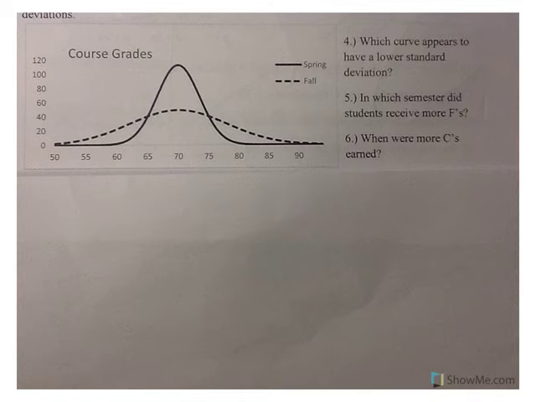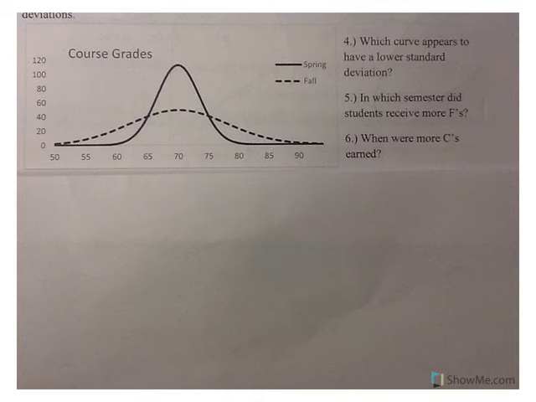All right, let's look at these two problems. Well, I guess not, there's three of them technically. We have the spring semester and the fall semester. Spring is denoted by the high and tight solid line, while the fall semester is low and wide, the dotted line. So which one appears to have a smaller standard deviation? Remember, standard deviation talks about the distribution.